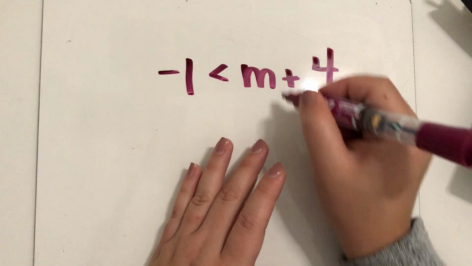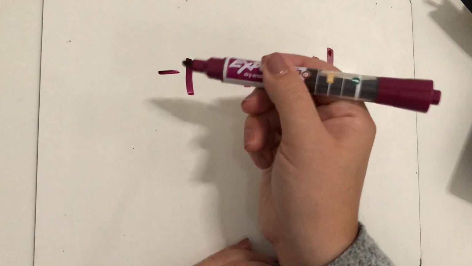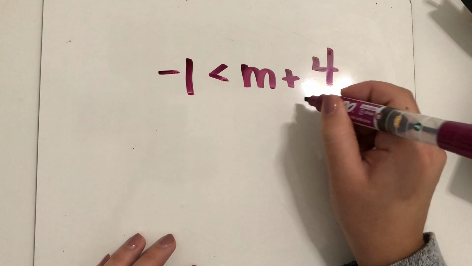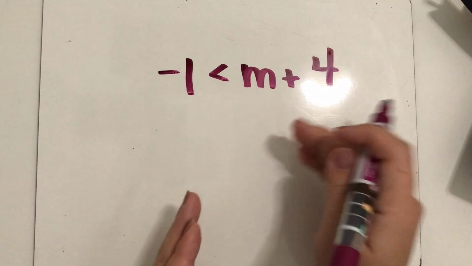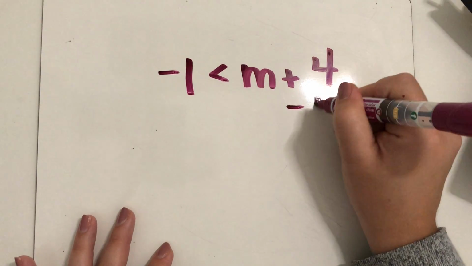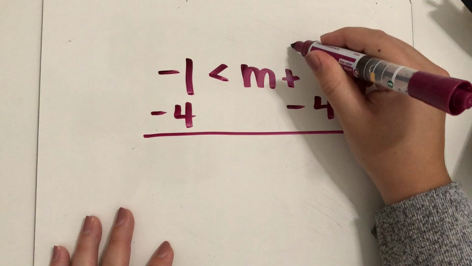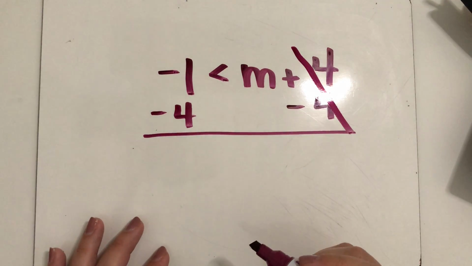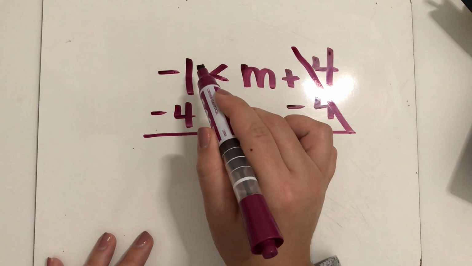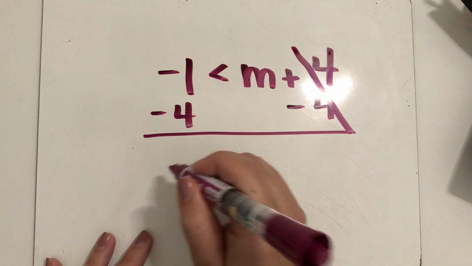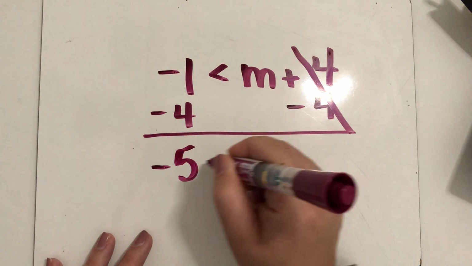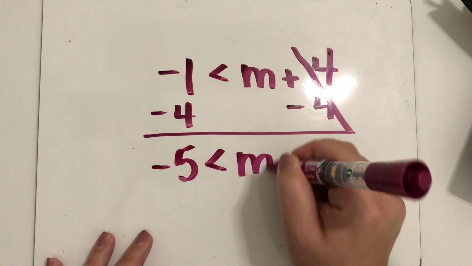So I need to move this 4 to the other side. So I'm going to go ahead and do the opposite of what adding 4 is, which is subtracting 4. This should all look familiar from our lessons from chapter 1 that we just completed this week. So -1 minus 4 is going to give me an even further negative, so I got a -5 less than m.